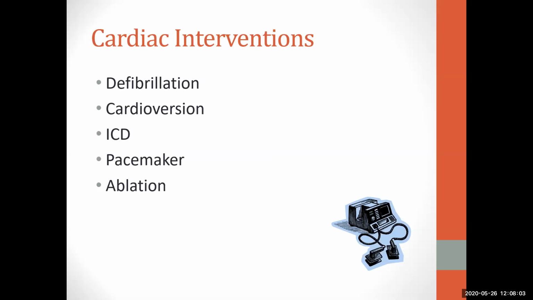Some other cardiac interventions would be defibrillation. That's where we're going to shock the heart. So if the heart is in what we call a rhythm that's not compatible with life, nowadays sometimes you don't have to read the rhythm.